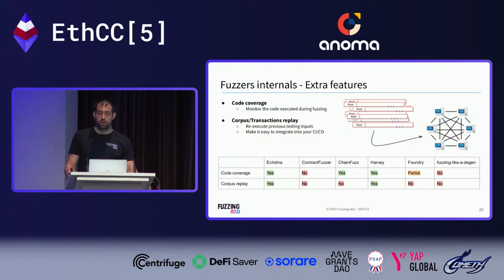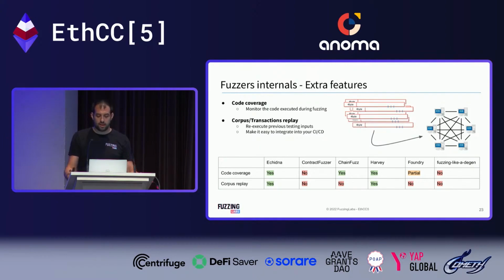Something else you can do: if your smart contract is public, or if you push it on the testnet, you can extract the previous transactions to the smart contract and put them into your own database, your own corpora. That will be really interesting as well, because you hope the fuzzer will take those corpora, do some mutation and manipulation of them, and replay them.